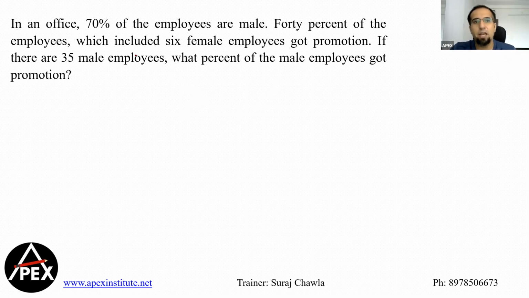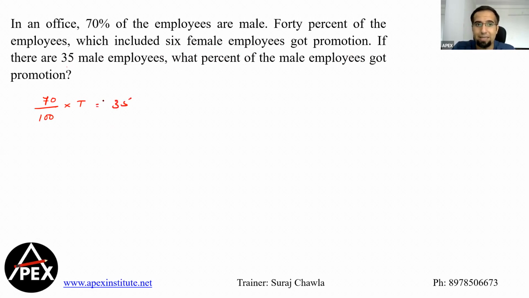Yeah, let's say this, guys. In an office, 70% of employees are male. 40% of employees, which include 6 female employees, got promotion. If there are 35 male employees, I know that 70% of total are male employees, and as per the question, there are 35 male employees.